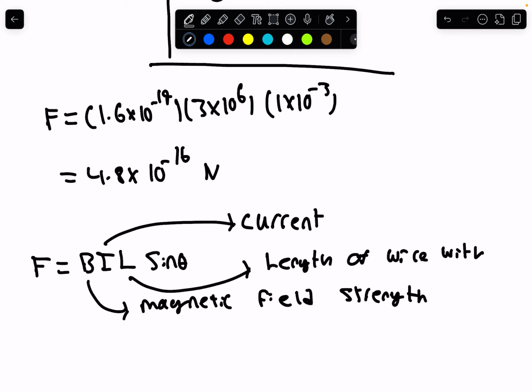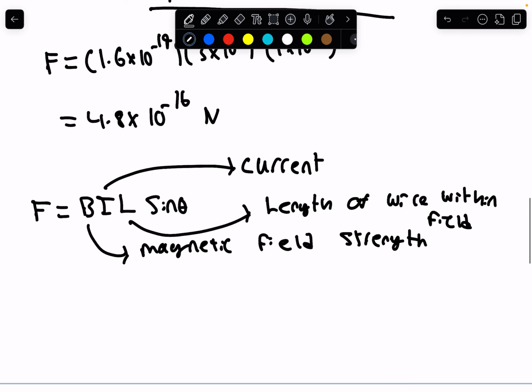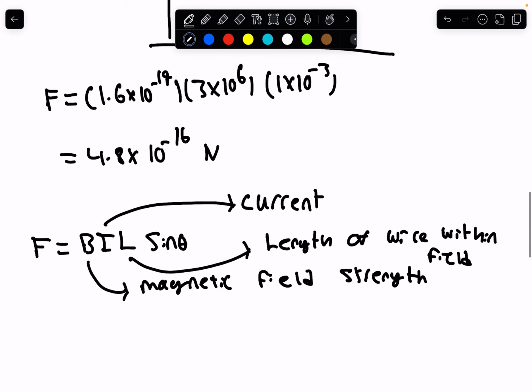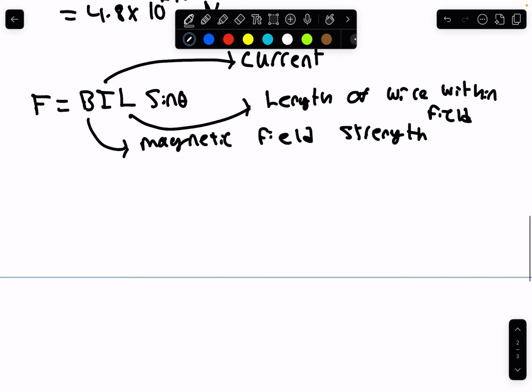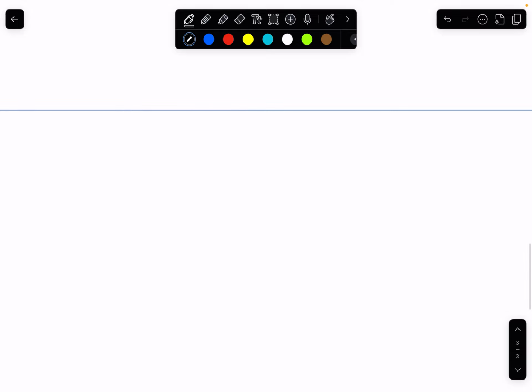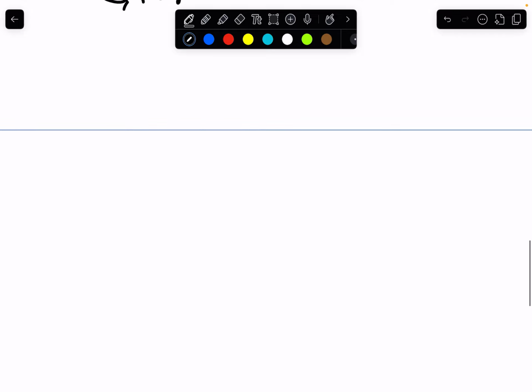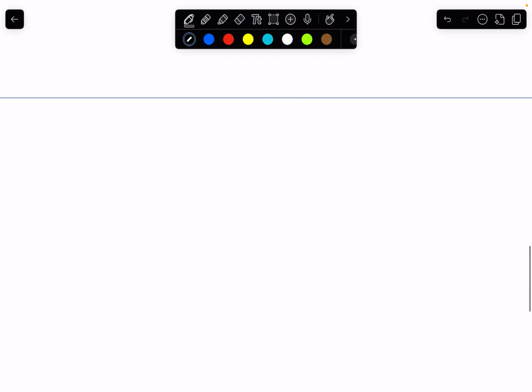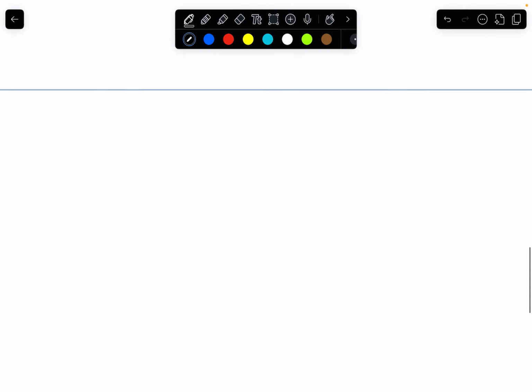So these are the two equations that describe the movement of charge and magnetic force. Okay, let's move on to the more important equation here, which is the interaction between two wires. I'm gonna draw them down.